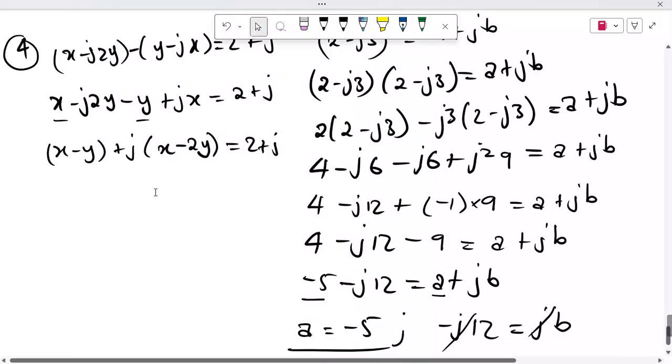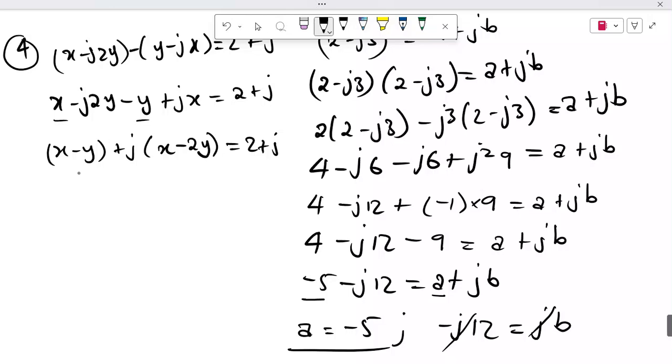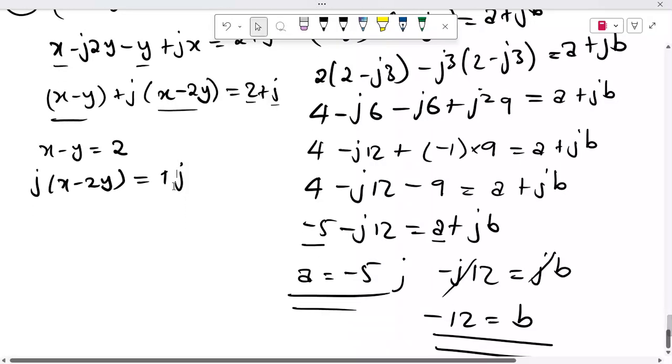From here you just equate the real part, this and this, and the imaginary part, this and this. So we know x minus y equals the real part, which is 2, then you have j times x minus 2y equal to 1j, just for completeness' sake. Where is the 1 coming from?